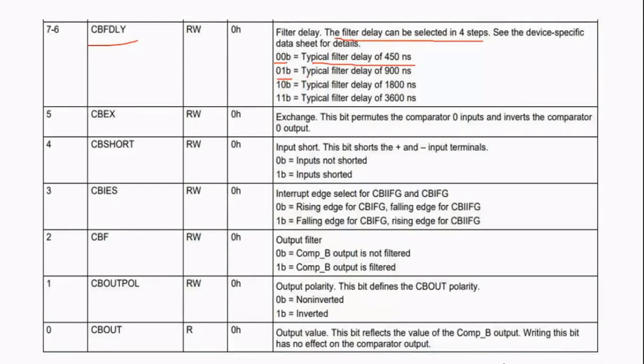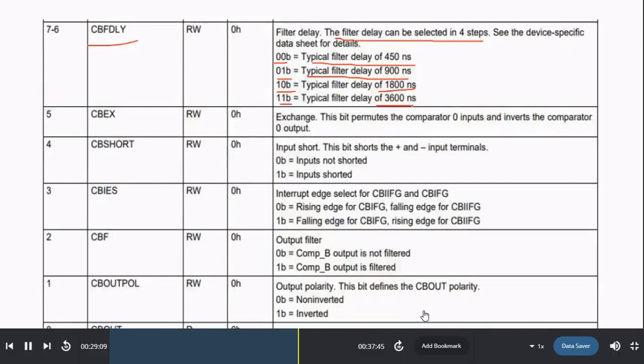If it is 01, a filter delay of 900 nanoseconds. 10 means a filter delay of 1800 nanoseconds. If it is 11, it means 3600 nanoseconds of filter delay. So you can choose any one filter delay at the output terminal.